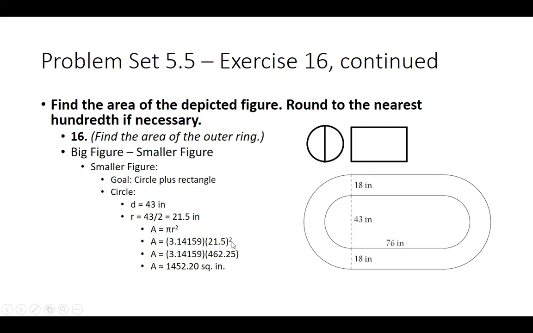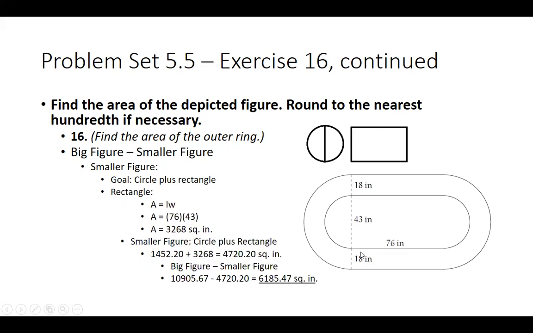And 21.5 squared is 462.25. Times 3.14159 gives us an area of the small circle of 1,452.20. We need the area of the smaller rectangle.